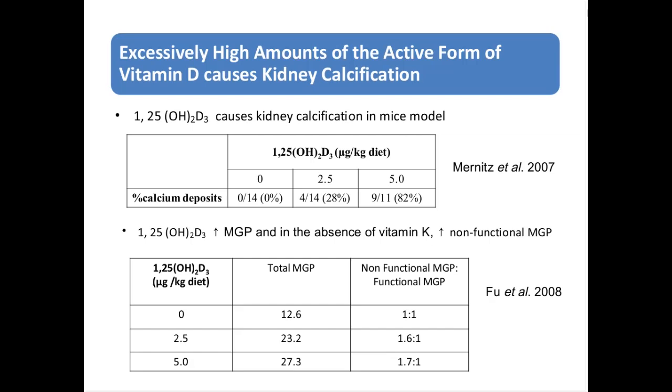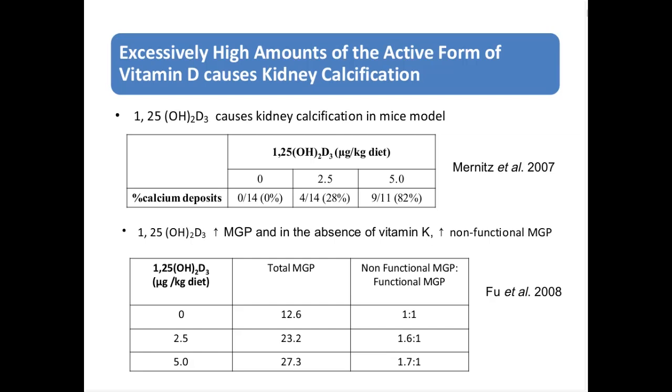And sure enough, we showed this. Here, when you've got no calcitriol in the diet, you have this amount of this protein. When you have 5 micrograms per kilo of diet, you have more than double the amount of matrix GLA protein. So when you look at the group that has no calcitriol in the diet, you've got 1 part of the non-functional protein to 1 part functional.